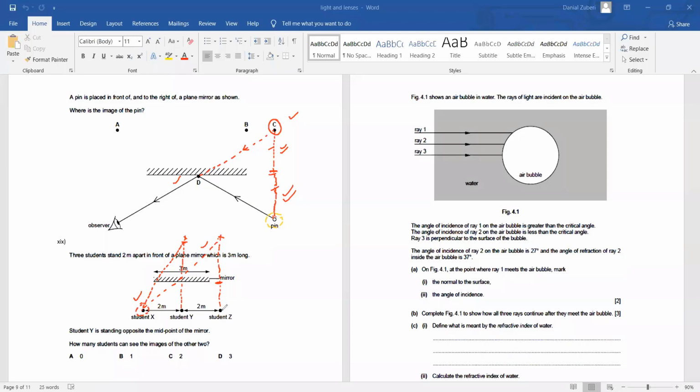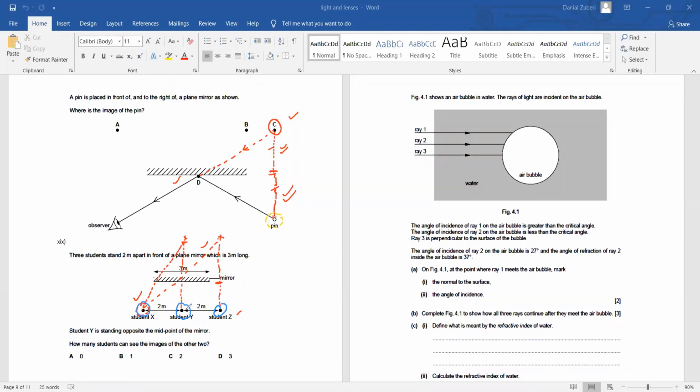Yes. And if we replicate the same case to student Z, since all the distances and positions are identical, student Z would be able to see student X and Y by the same proposition. So this means 2 students are able to see the images of the other 2 students.